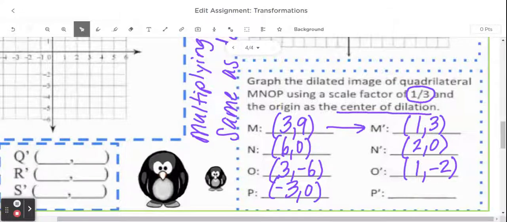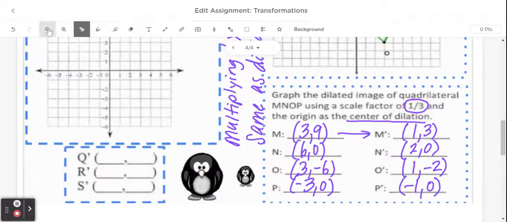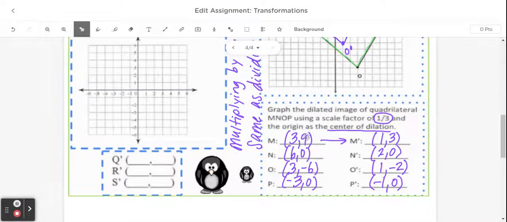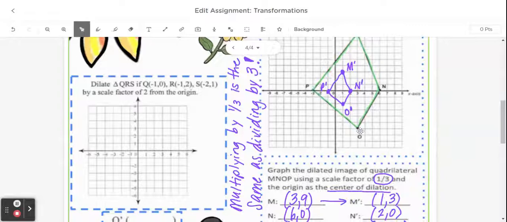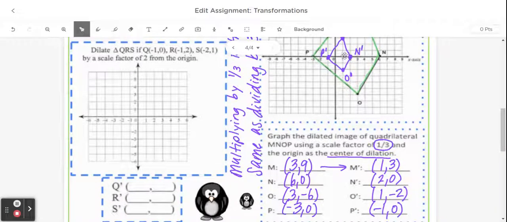And -3, 0 becomes -1, 0. That's a lot easier, but that little trick is only if the center of dilation is the origin. Let's make sure we plotted these correctly. M was at 1, 3, N was at 2, 0, O was at 1, negative 2, and P was at negative 1, 0. Perfect.